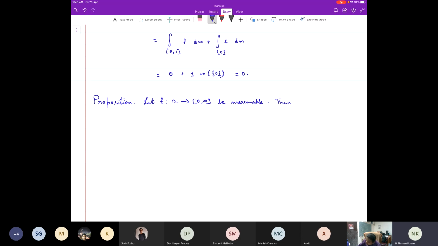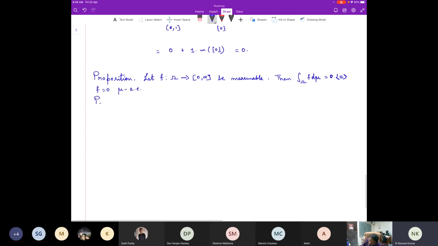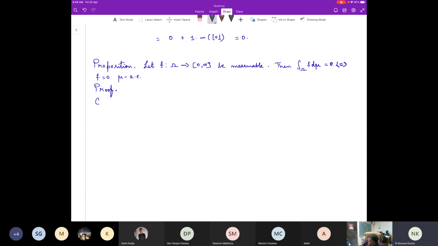Then the integral over omega of f d mu is 0 if and only if f equals 0 mu almost everywhere. Yes, so this is one of the important theorems. Right, so case 1: suppose that f is a simple function.